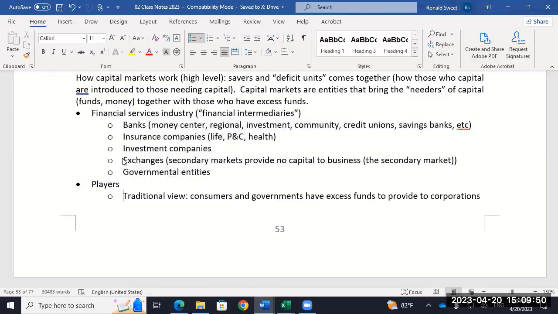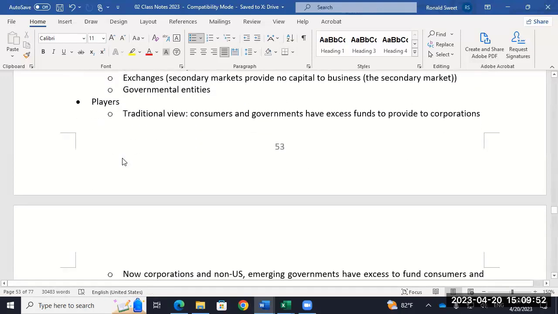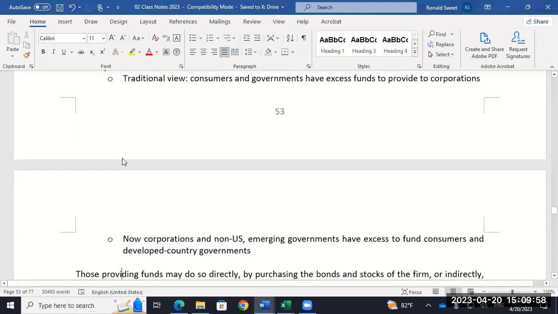The players used to be consumers and governments that have excess funds that they provide to corporations. What we've seen recently is corporations and non-US governments have excess funds, and it's consumers and developed governments that need money. So who knows? It keeps shifting. Right now, consumers actually have become excess because of the stimulus package.